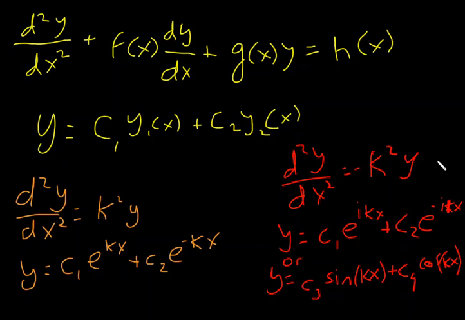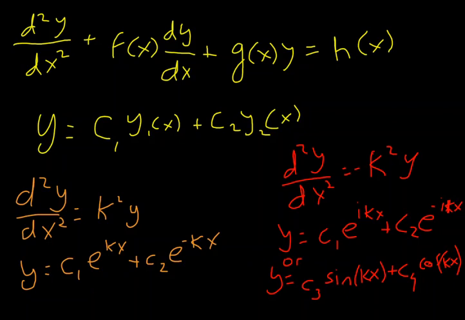So for example, if I had d squared y by dx squared equals negative 4y, my solutions could be something like 2e to the 2ix minus 4e to the negative 2ix. But I could also have a solution like 7 sine of 2x plus 9 cosine of 2x. Note that these constants can be negative, which is why I would say minus something.